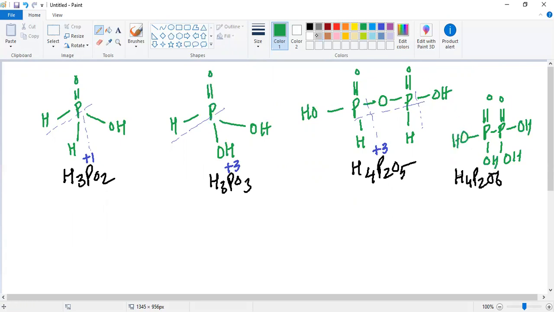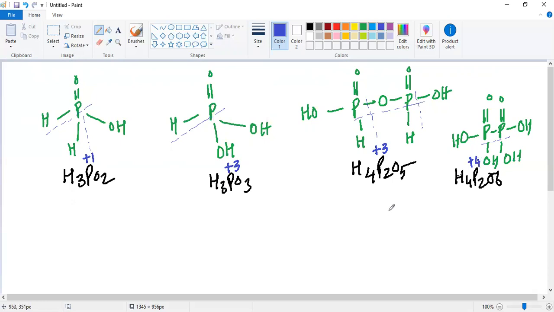So here you can see that this P-P kind of bond is possible in this particular case. And here the oxidation state of phosphorus is found to be +4.